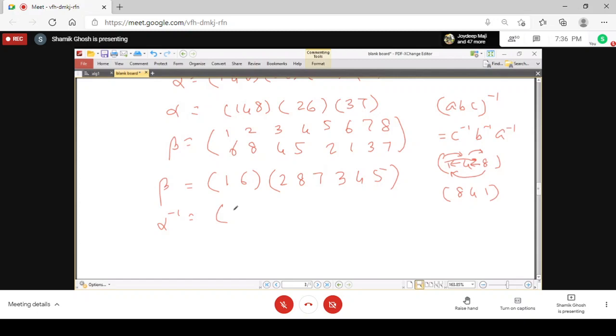So if you just write on the reverse way, that is the inverse of the permutation. So we will just revert it: 7, 3, 6, 2, and 8, 4, 1. Now we can write it again in this way, that for every such 2-cycle, here 3 goes to 7 and 7 goes to 3. So whether I am writing 3, 7 or 7, 3, they are equal. This is the same map. So you can easily write this 3, 7 again.